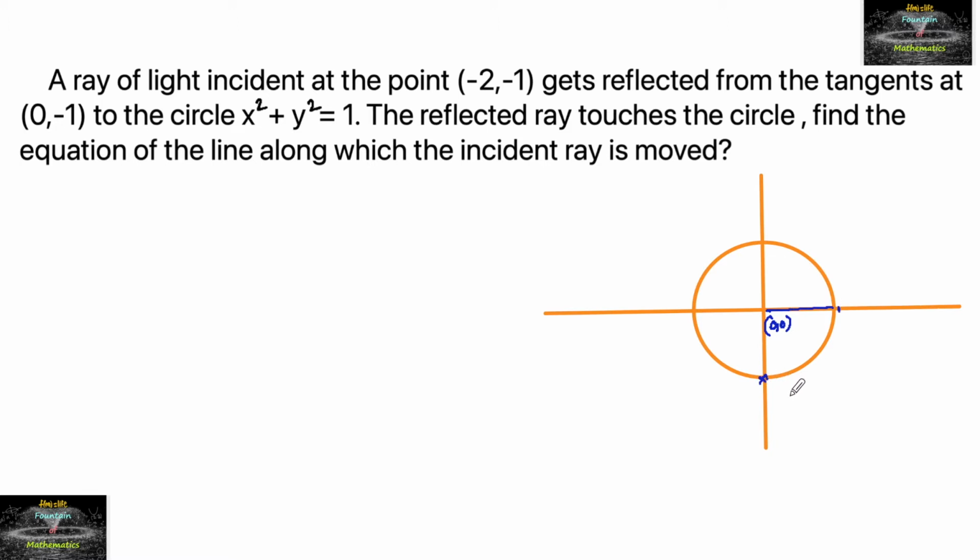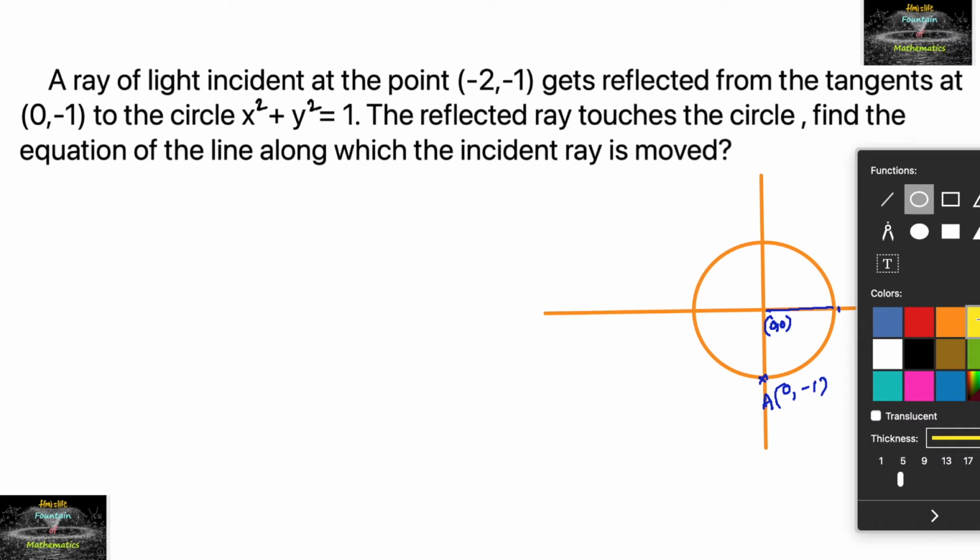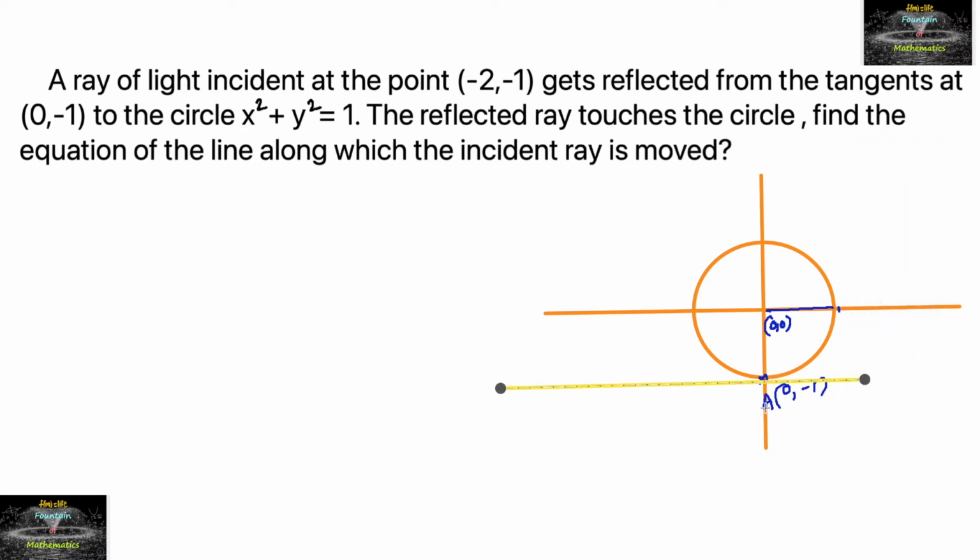And here is the point 0, -1. So this is the point A. A ray of light incident at the point -2, -1 will be here.